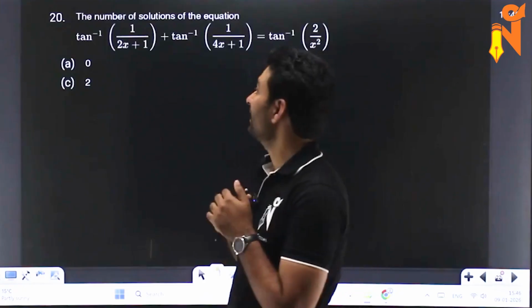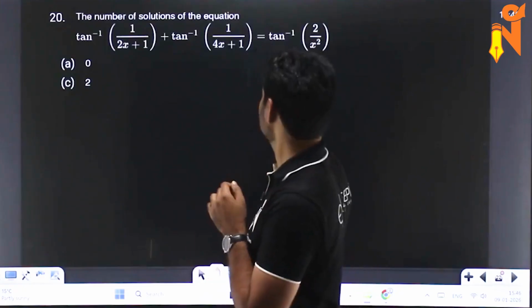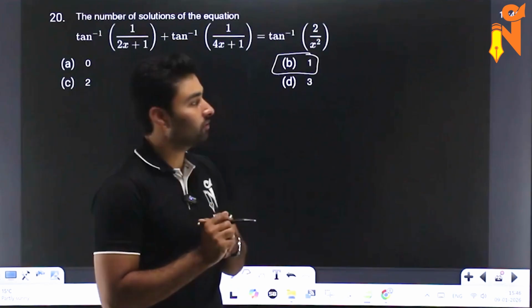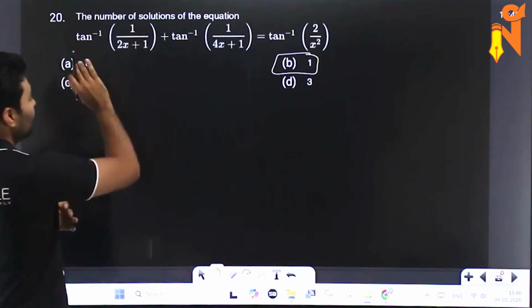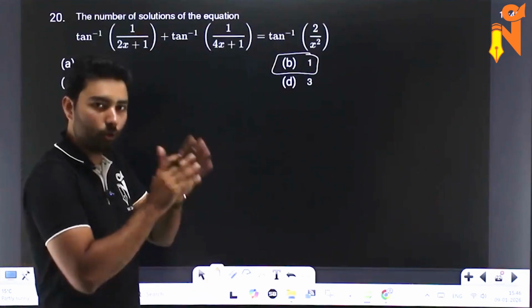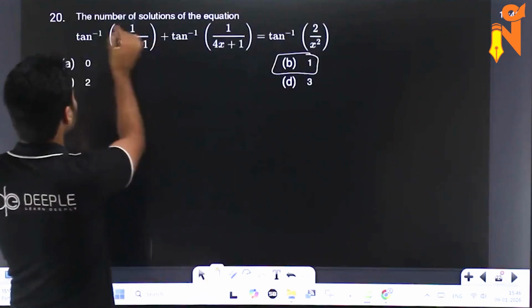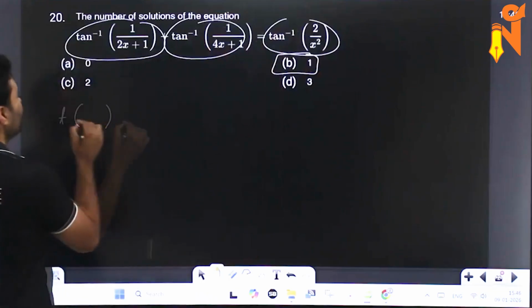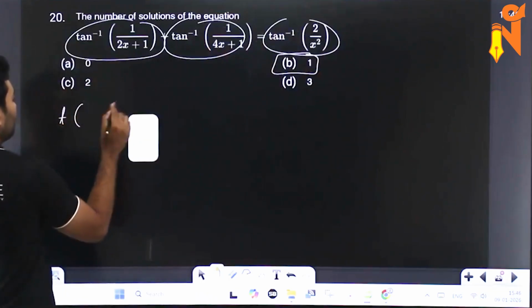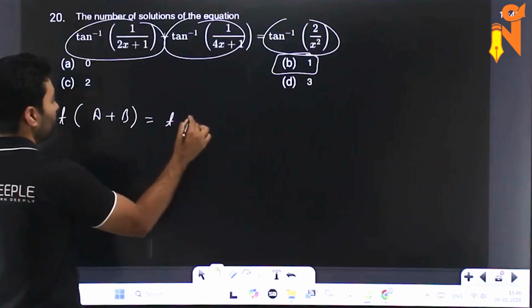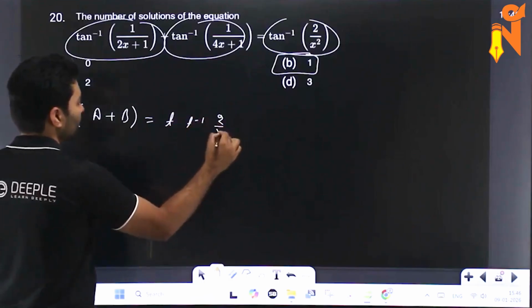Simple question actually, and the answer is this. There is one misprinting in the DeepL text solution, please check. Now this kind of question is given. We will take tan in the whole question. Tan of A plus B formula equals tan of tan inverse 2 by this whatever.